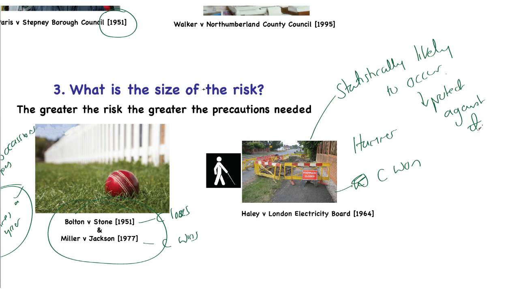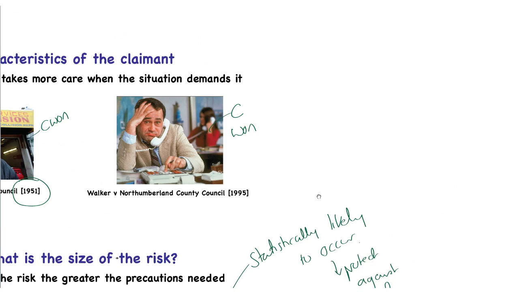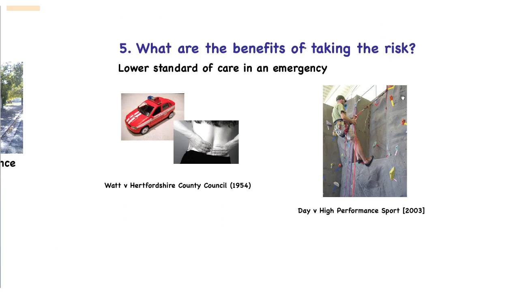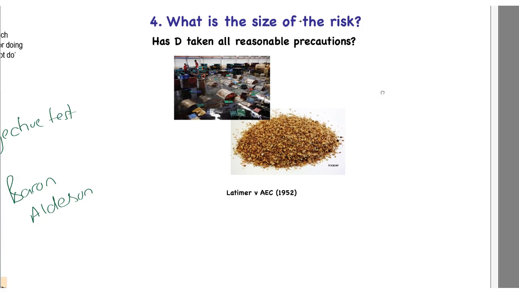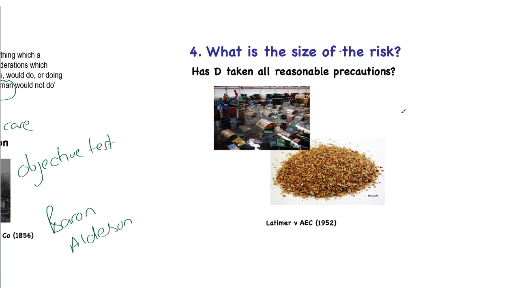Okay? Now this is closely linked to the next thing, understanding when you have a risk, have all relevant precautions been taken? The defendant will have acted reasonably if he has taken all of the reasonable precautions. Think about Bolton versus Stone and Haley that we've just discussed, Haley versus London Electricity Board.